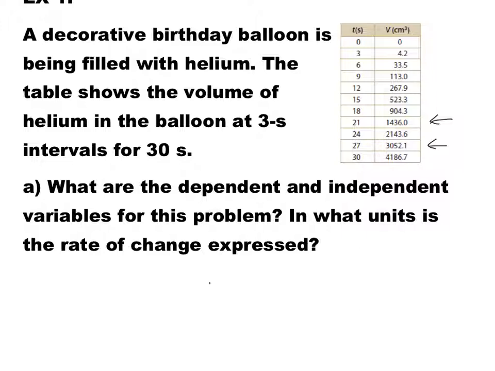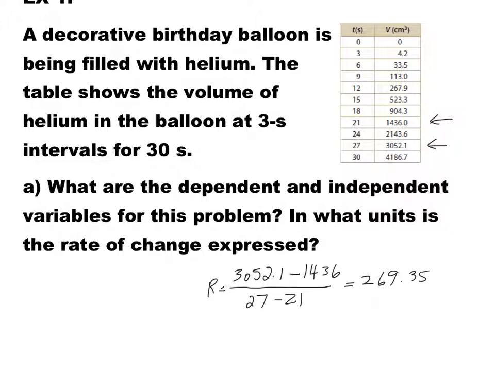So the rate of change in this case is equal to the value of the volume at 27 seconds, which is 305.1 minus 1436 divided by 27 seconds minus 21 seconds. And if you evaluate this one, you get 269.35 cubic centimeter per second.